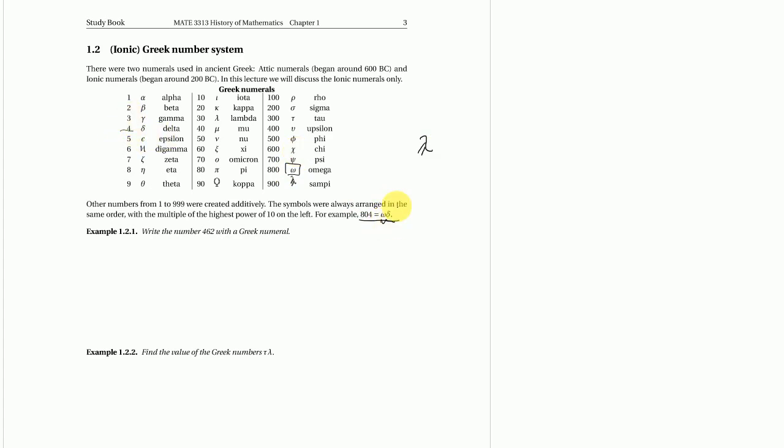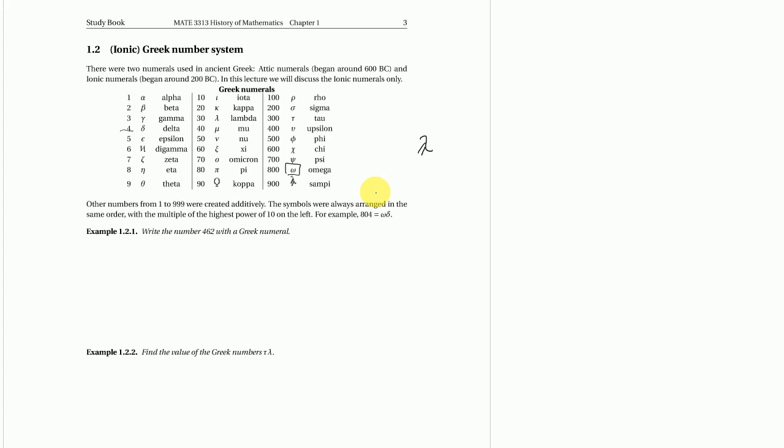So omega delta is the one. So they didn't write down delta omega. Still, because it's not a positional number system, you can understand it, right? Because it's 4 and 800. So if you're just adding them, it's going to be 804, right? So that's the reason why we say the Greek number system is not a positional number system yet, but they just want to write down the largest one first.